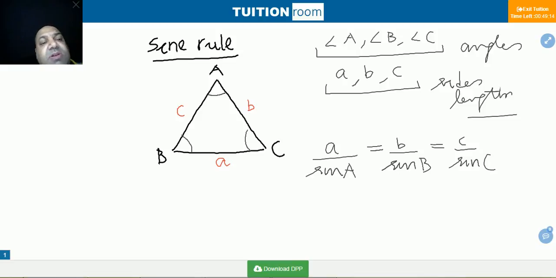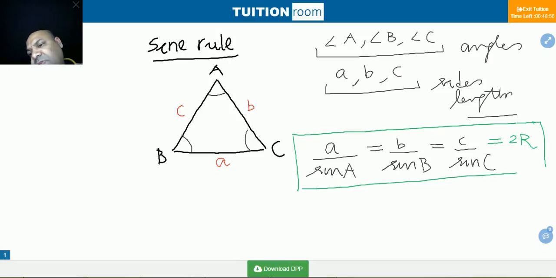Capital A, B, C represent the vertices of the triangle. And guys, this is equal to 2R. Now the question arises, what is R? I will tell you.